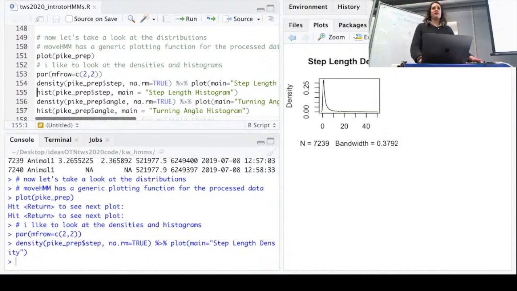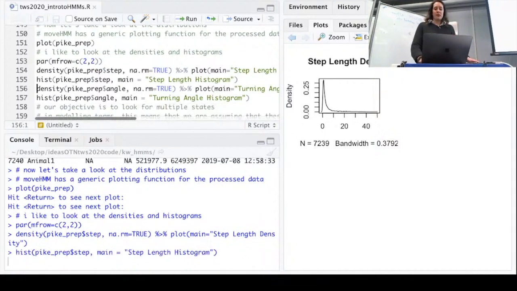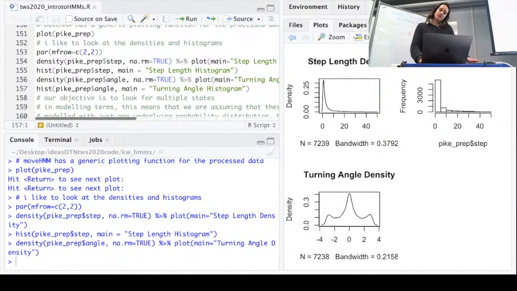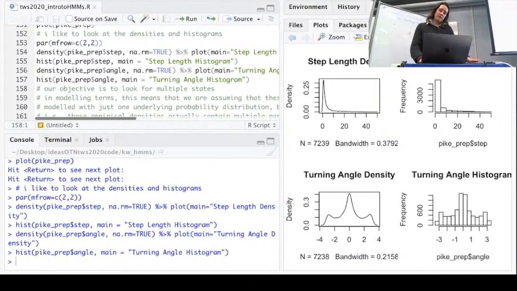So now we're treating the step lengths and the turning angles of the interpolated locations of the YAPS output as our data, okay? So again, we're doing stuff to our data that we need to keep in mind. These are all assumptions that need to be reported in papers, all right? So here we have your step length density, your step length histogram, turning angle density, and turning angle histogram. I just like to look at both.